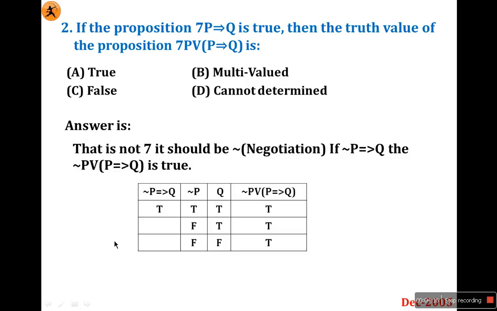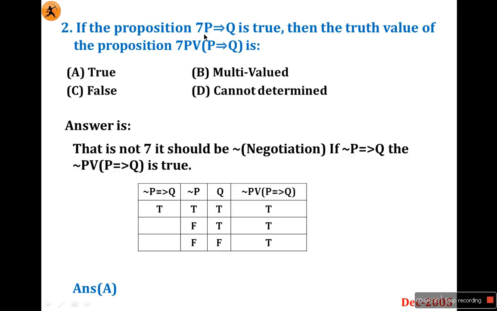So in any of the options you will not get false, because false or false is the only false case in OR. But here it is true, true, false, true. So the answer is true, and option A is right.